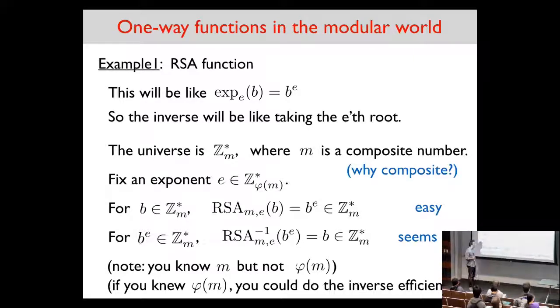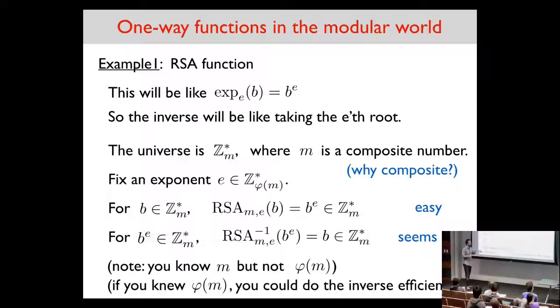When I say this inversion, let's say cube root, I have to tell you m and e, but I don't actually tell you phi of m, because if you knew phi of m, you could do the inverse efficiently.